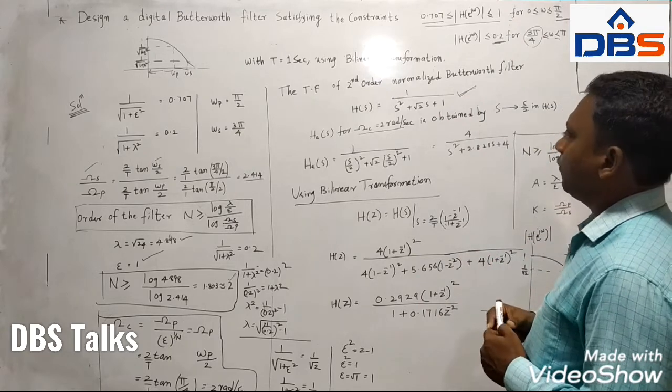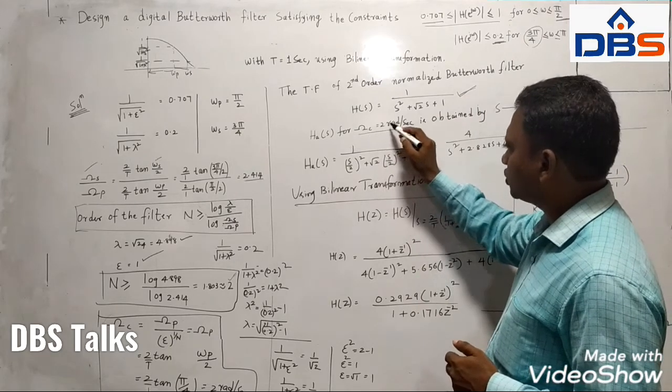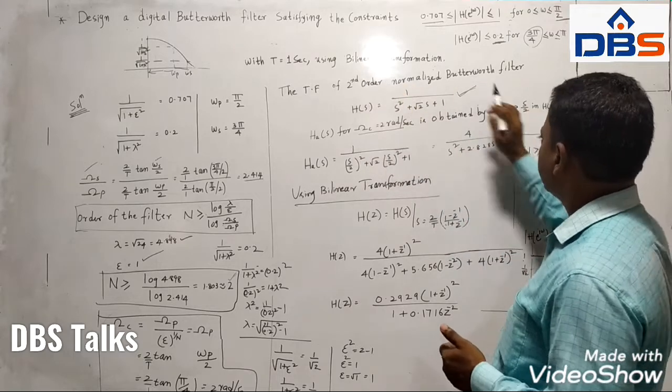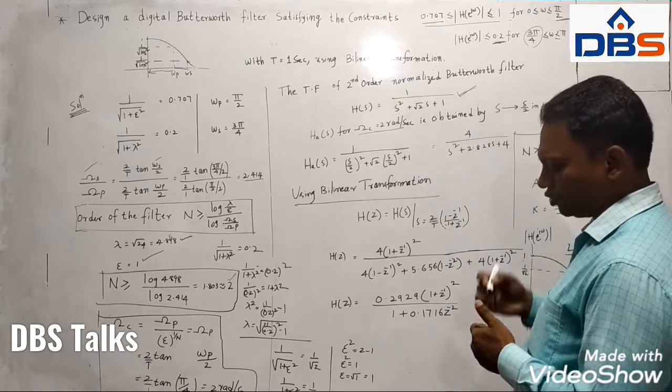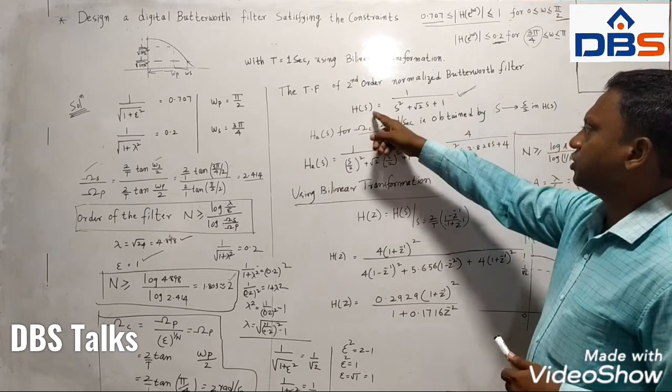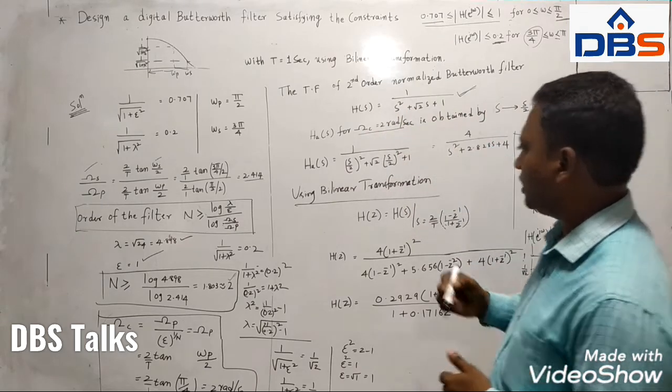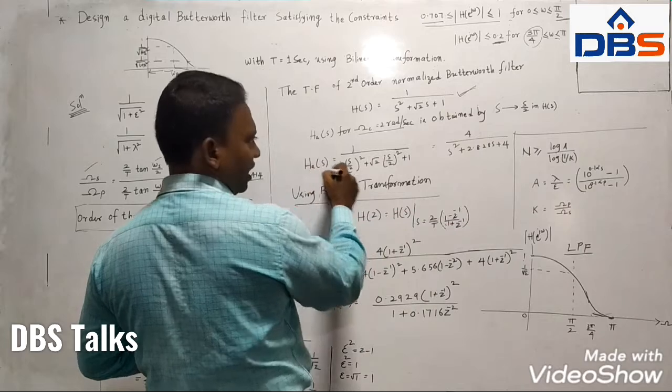So for cutoff frequency omega c equal to 2 radians per second, wherever s is there, you substitute s by 2 in the given H of s. Then what you will get is the analog filter H of s.